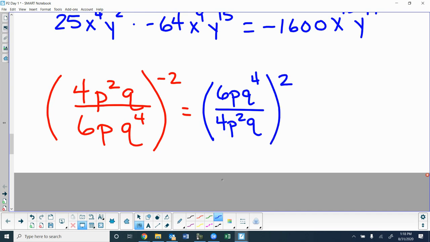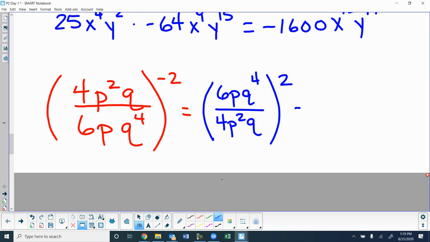Positive now. Don't forget that. That's the reason we did it, because it was negative. We wanted to change it to positive. Now, everything in the numerator, I'm going to raise to what power? Second. And everything in the denominator, what am I going to raise it to? The second. Okay? Sometimes we forget to take the coefficients to the second power.